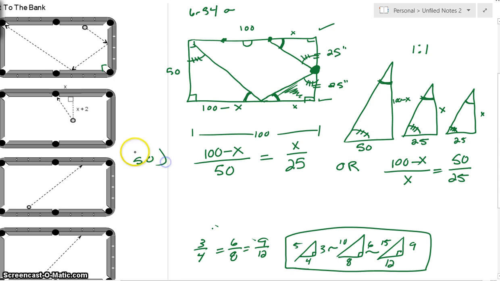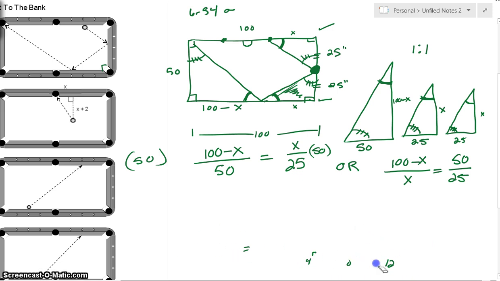Multiply by 50, that'll take care of both denominators. 100 minus x equals 2x, right? 50 divided by 25 is 2. 50 divided by 50 is 1. 100 minus x equals 2x.